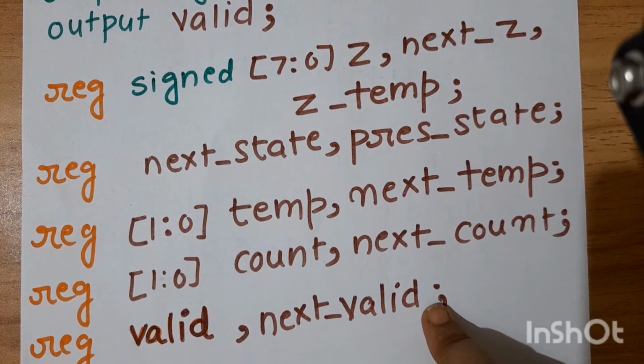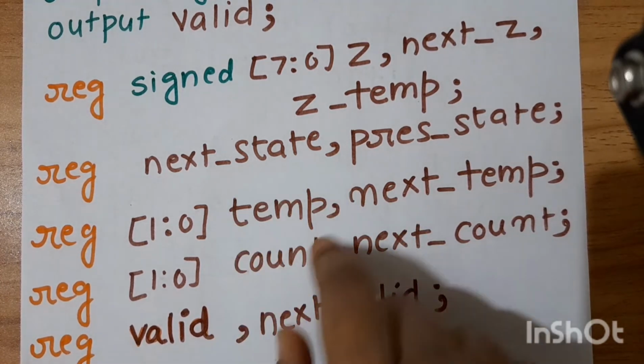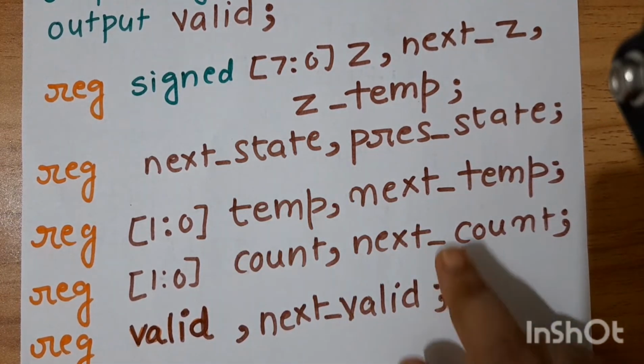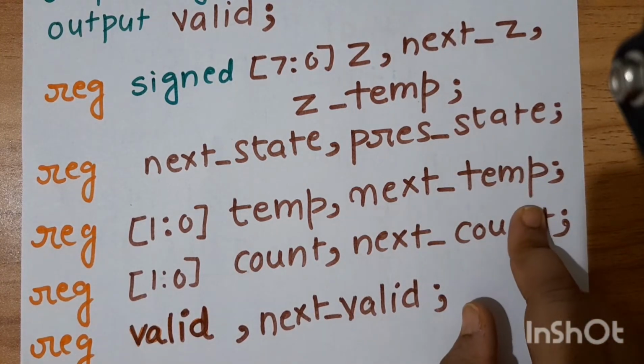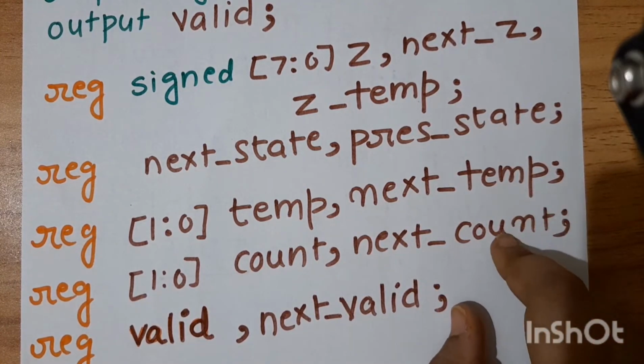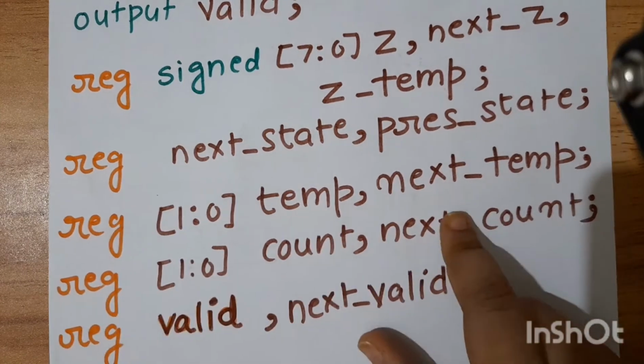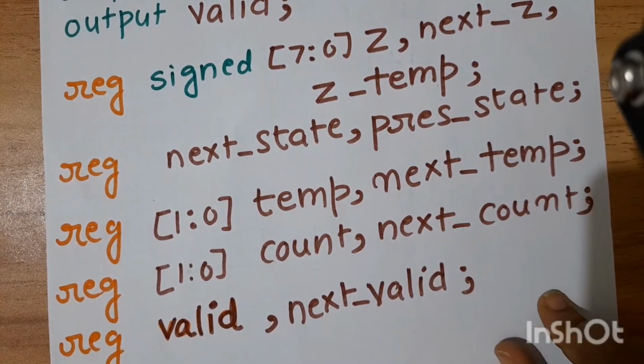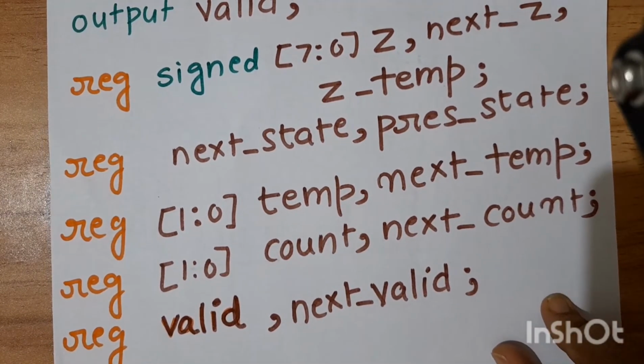You remember the concatenation of Q0 and Q minus 1, where we check whether it is 0 1, 1 0, or 0 0 or 1 1. So temp carries that 2-bit value, and next temp is another temporary variable which is used in the FSM to carry the Q0 and Q minus 1 concatenation.